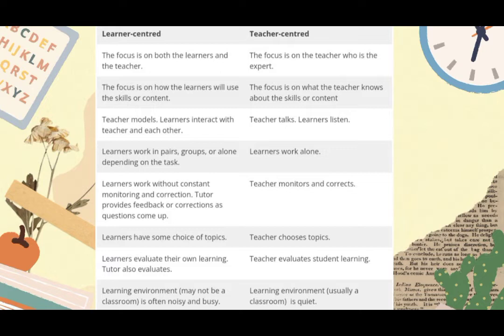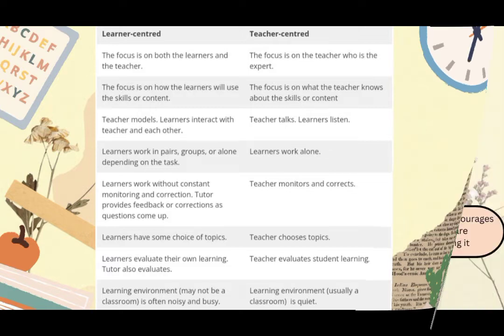In the teacher-centered approach, the learning environment, usually a classroom, is quiet. So as we can see in the table, we can clearly tell the difference between the learner-centered approach and the teacher-centered approach based on their positions, responsibility, and task.